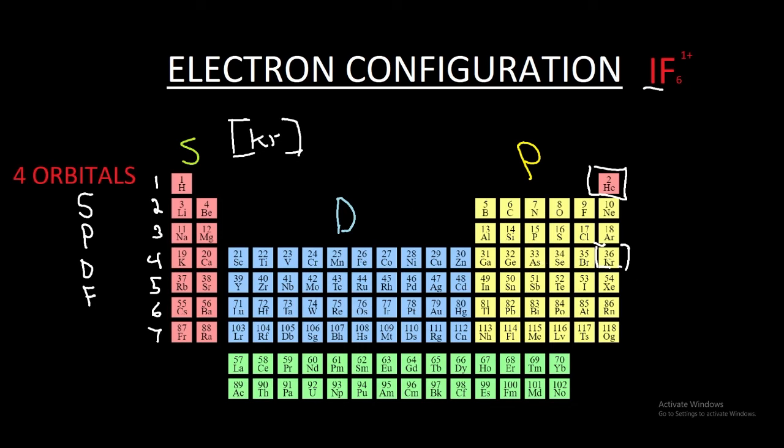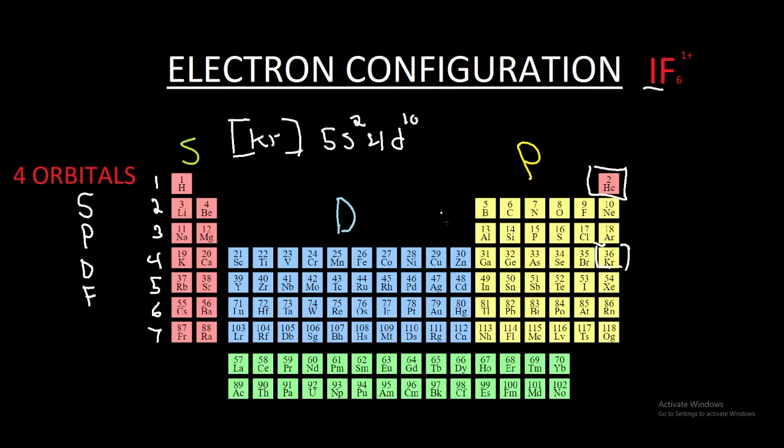So let's do iodine. Krypton, then we move down to energy level 5, s orbital, pass 2 atoms, put superscript 2. Then we get to the d orbital. Remember, d orbital is always 1 less energy level than what it says. So if it says 5, it's actually 4. 4d orbital, and we pass 10 d atoms before we get to the p orbital.